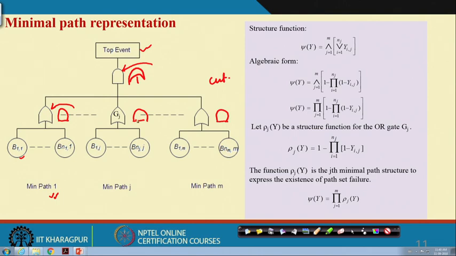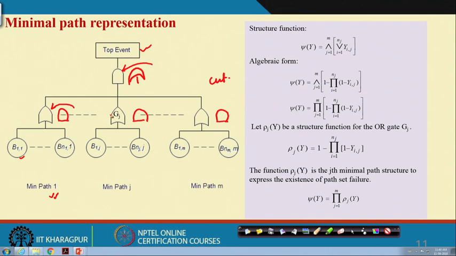Now, when will the top event occur? You see, this is an OR gate, meaning any one basic event of the minimal path set. Here also any one of these path sets. If at least one event in each of the path sets occurs, then the top event will occur, because this OR will be satisfied and finally the AND will also be satisfied.